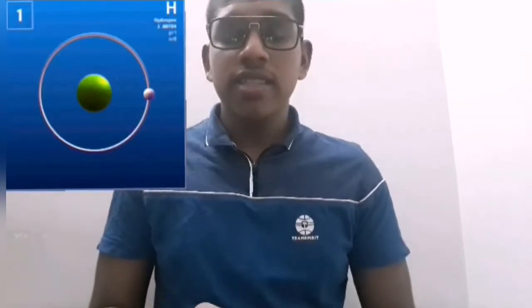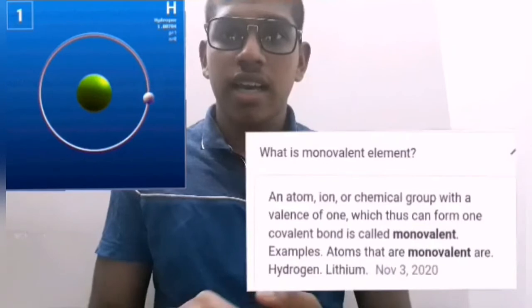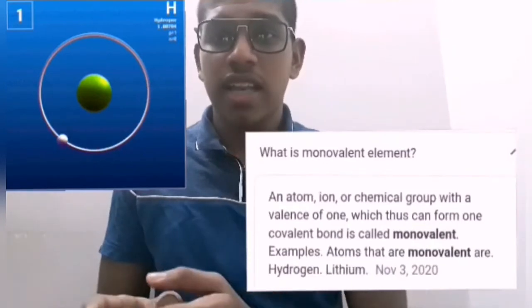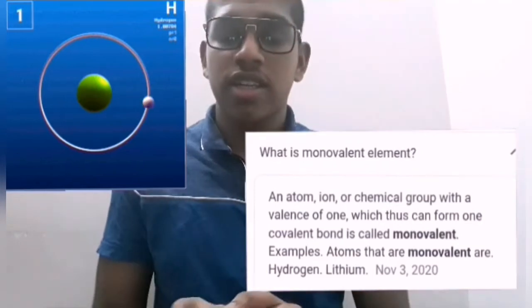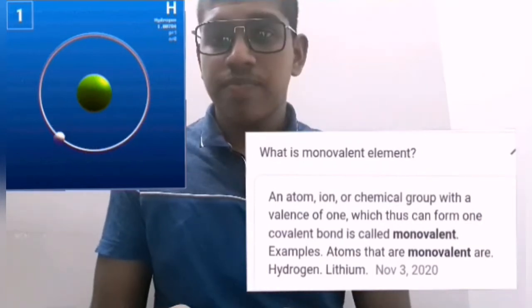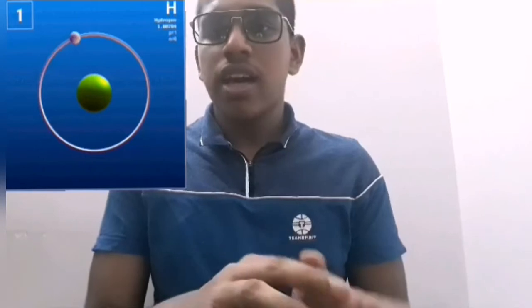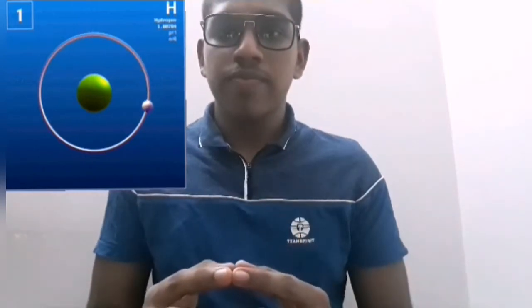For example, in hydrogen, the atomic number is 1 and it's a monovalent atom. It means that mono means 1 and valent means valency, which means an atom which has only 1 electron in its valence shell. So hydrogen needs to become stable.